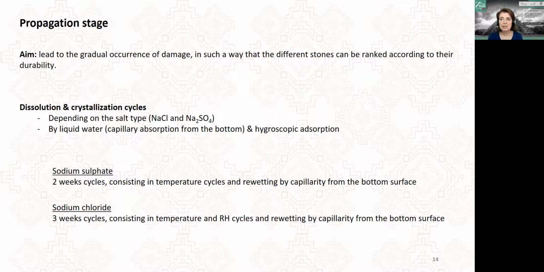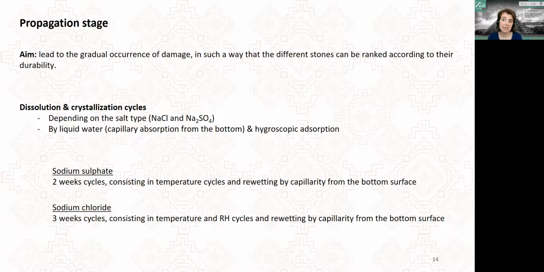Regarding sodium chloride, it is known that a lot of damage can be produced by simply letting the salt dissolve at high relative humidity and recrystallize again at low relative humidity. So relative humidity cycles can be very effective to cause damage in sodium chloride contaminated specimens.